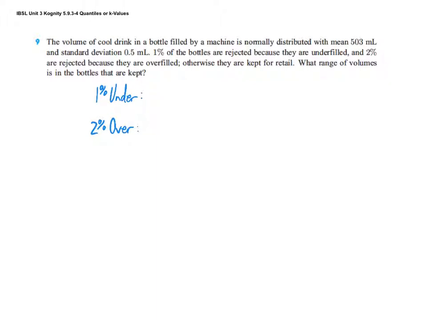All right, so for the 1% underfilled, we're doing inverse norm with 0.01, 503, and 0.5. And what'd you get, Anna? 501.8. Okay.